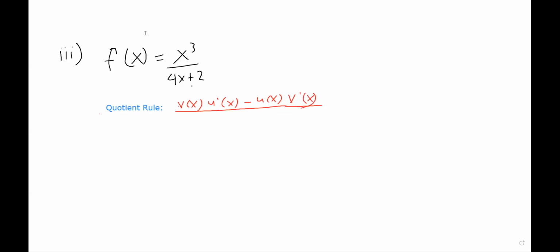And all of that divided by the square of the second function. That's the rule that has been given to us. I'm sure everyone knows this rule, or should know this rule.